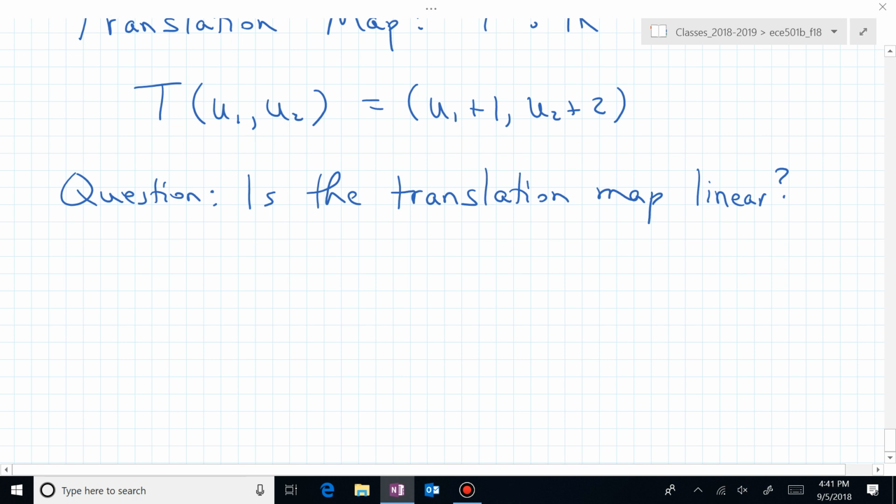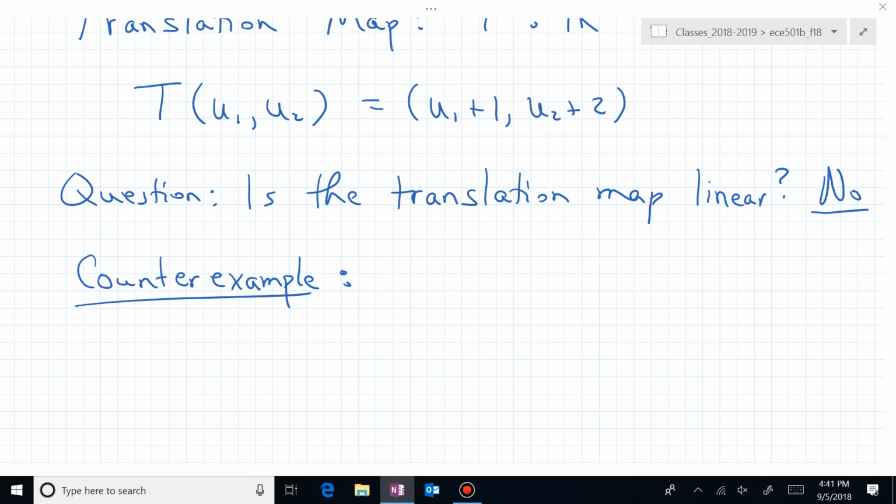So here is our counterexample. Before I scroll too far down, let me just say the answer is no. And our counterexample is a nice check. You don't even have to go through that many checks.